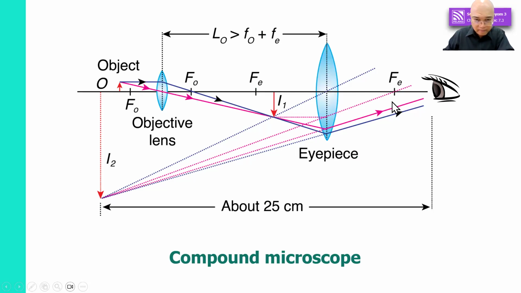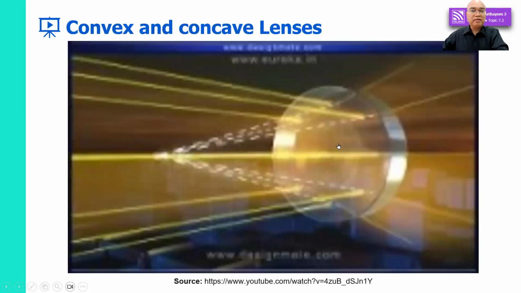So this is the compound microscope. The object is right here, and as you see, this is how you see it using both lenses. We have the bigger lens and the smaller one, so you can focus and magnify it here so you can clearly see the image through the eyepiece.